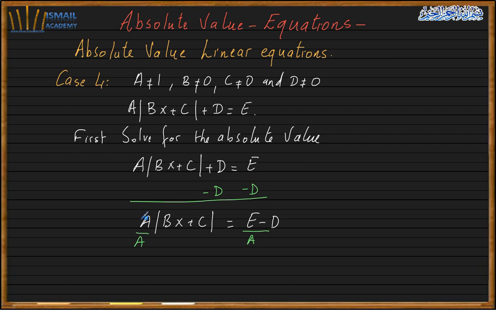So don't distribute that A inside the absolute value, alright? So here, absolute value of bx plus c equals E minus D over A.